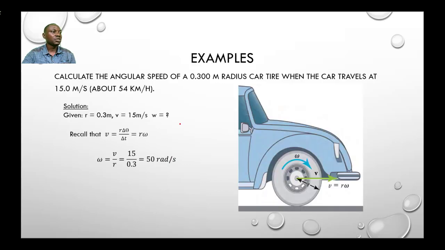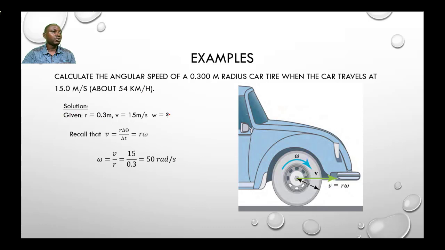Now let us do this question before we progress. Let's calculate the angular speed of a 0.3 meter radius car tire when the car travels at 15.0 meters per second. That is about 54 kilometers per hour when converted.